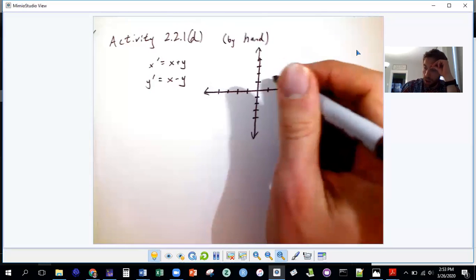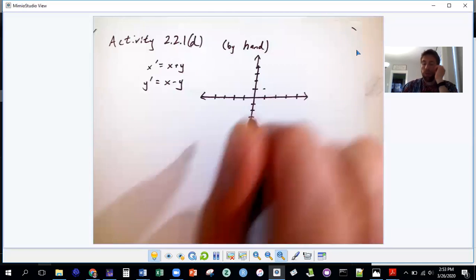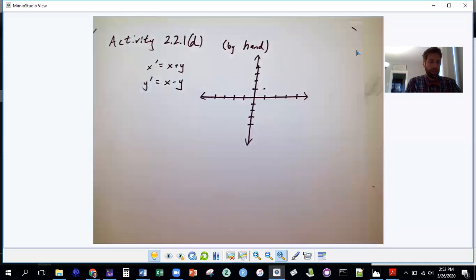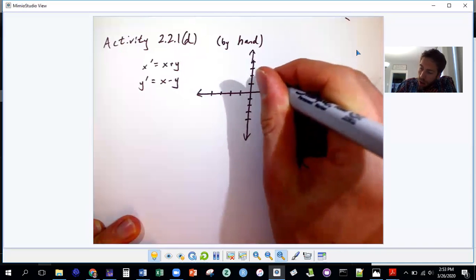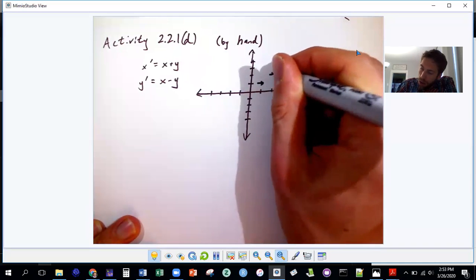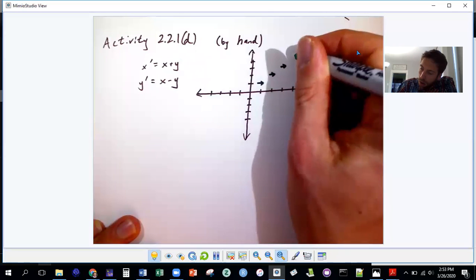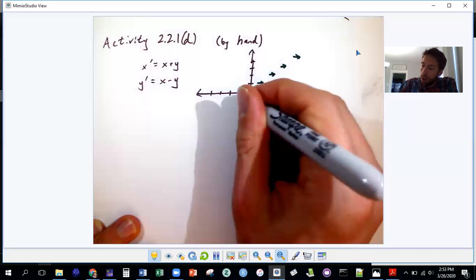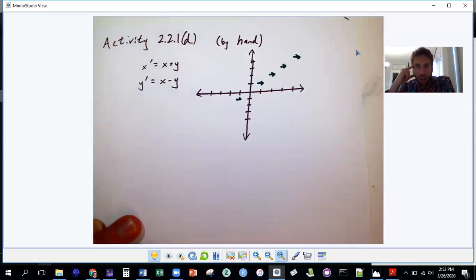So that means here, let's do different colors here. So that means when x equals y, you've got these arrows here. I should not have drawn those arrow heads because x prime is x plus y.